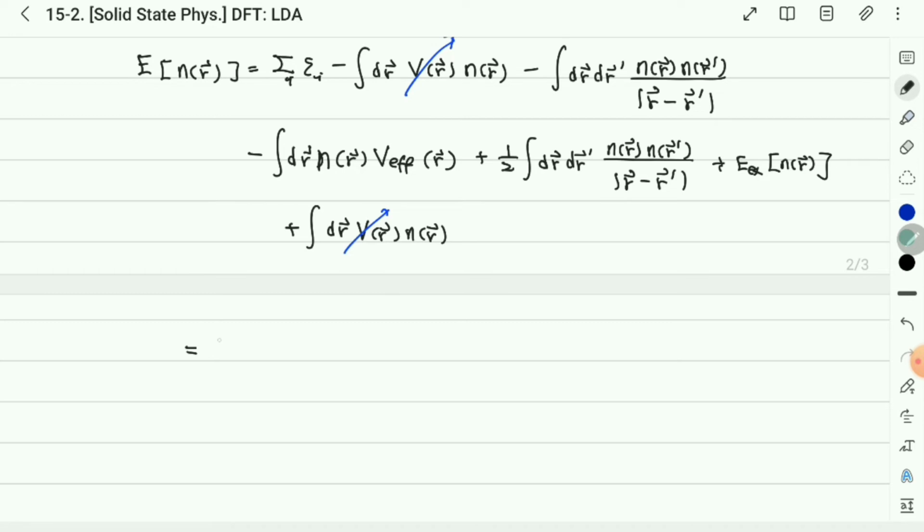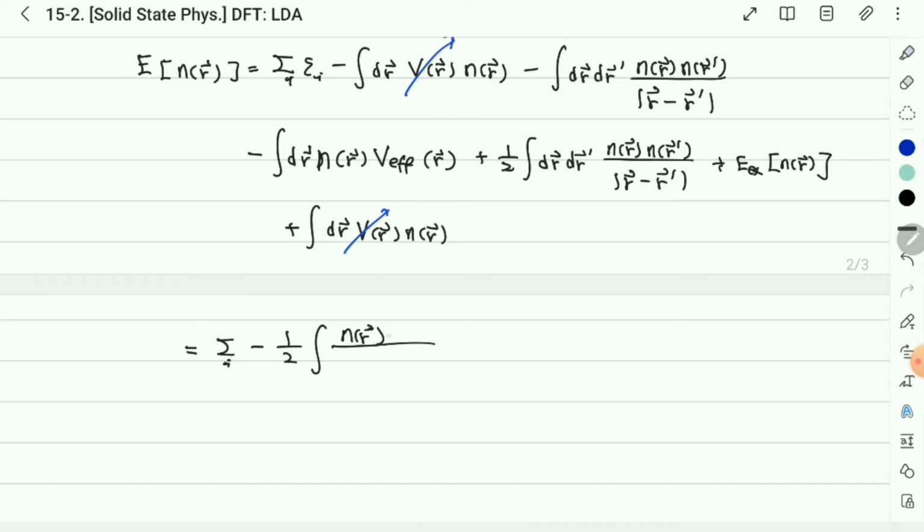It is the summation over i here, and it is minus 1, and it is 1/2, therefore it is minus 1/2 the integral n(r) n(r prime) over |r minus r prime| dr prime, plus the exchange energy E_x[n(r)] minus the integral dr n(r) v_exchange(r).